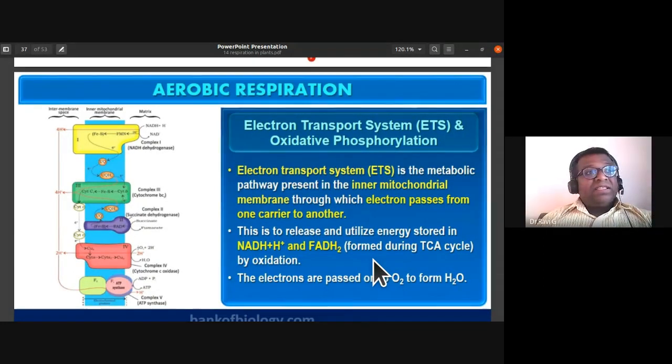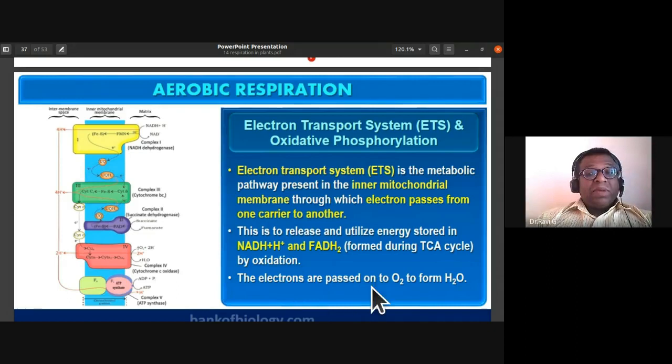The energy in these energy rich molecules has to be released and utilized. That happens during this electron transport system, and it takes place by oxidation.